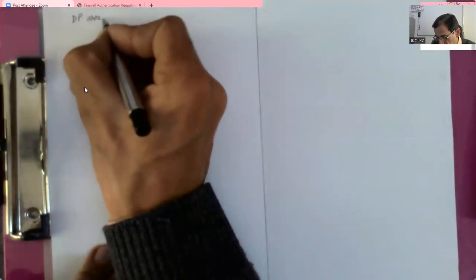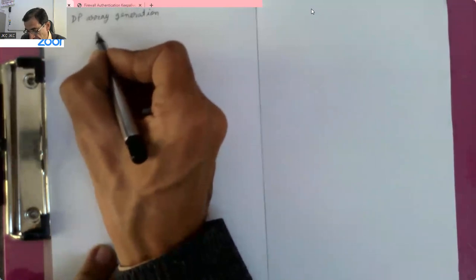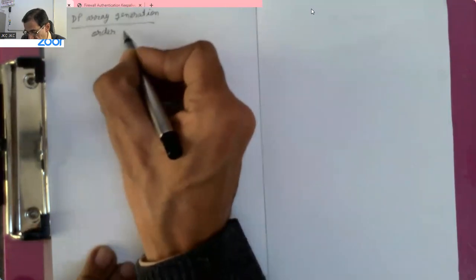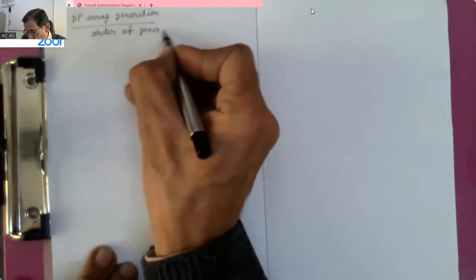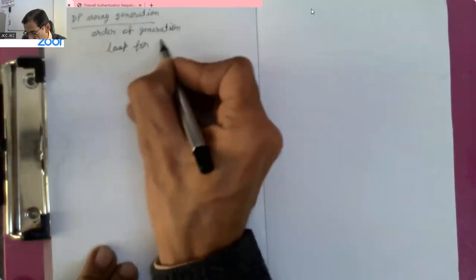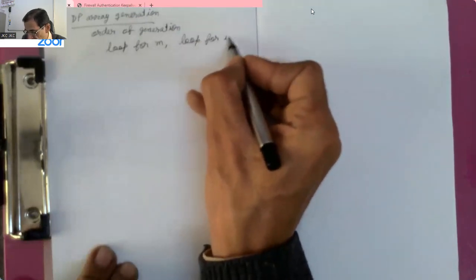So how to generate the DP array? Things are simple. Generation of a DP array effectively requires nothing great or special to be bothered about: I have to generate every entry of this array. Obviously, in what order of generation? So I'm clear that I need a loop for m also, a loop for i also, and a loop for j also.